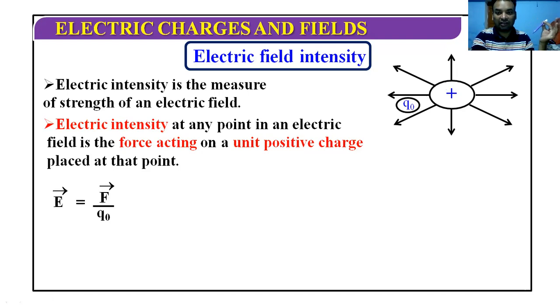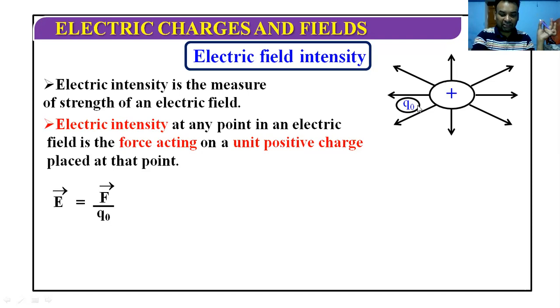It is our imagination that we are putting some test charge, represented as q naught, at a certain distance, within the field of the positive charge. If we place this test charge outside the electric field of this positive charge, then our experiment gives us no result. We cannot find any electric field strength on this test charge.